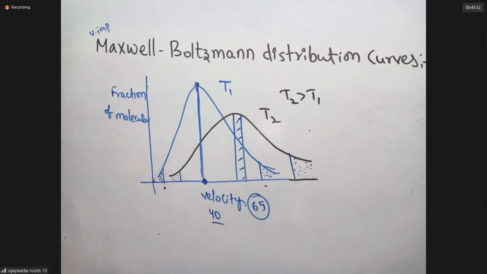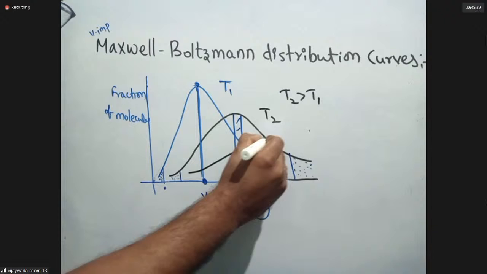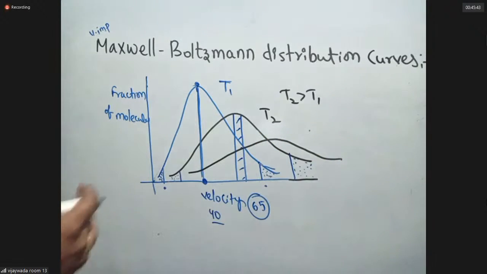Even if you increase the temperature beyond T2, the graph moves further to the right side and becomes flatter, flatter, flatter. Are you getting it? So when temperature increases, more molecules have the most probable velocity.